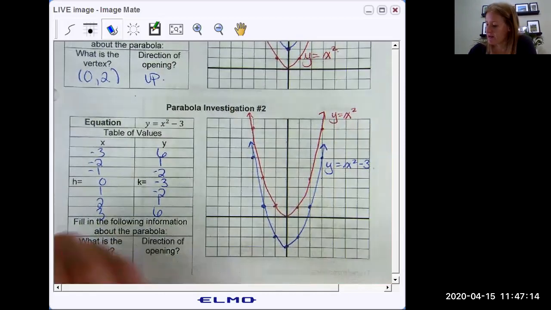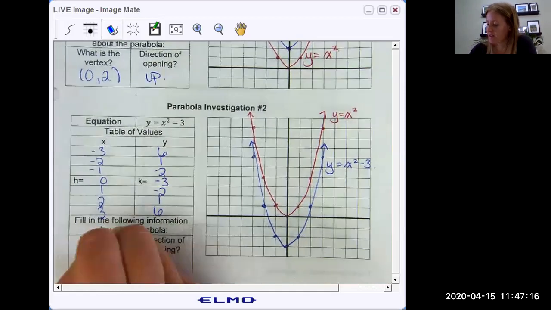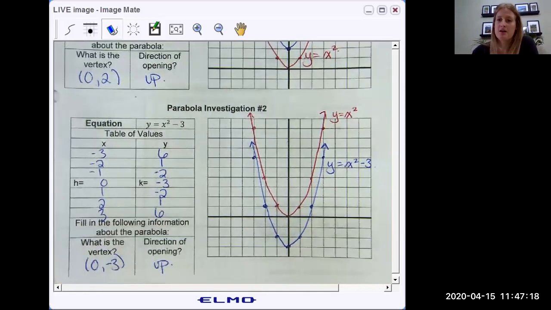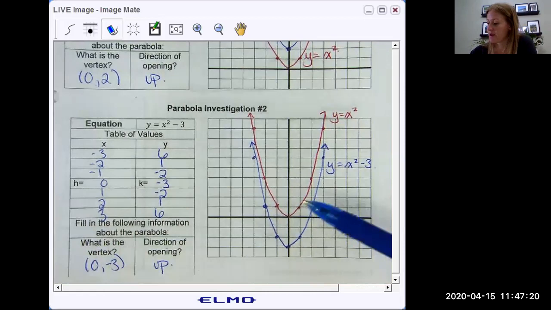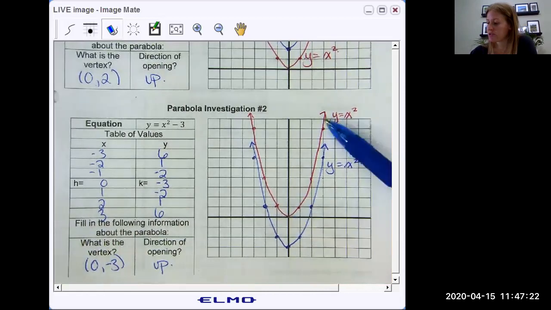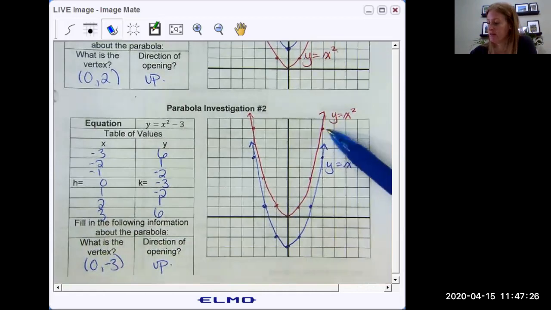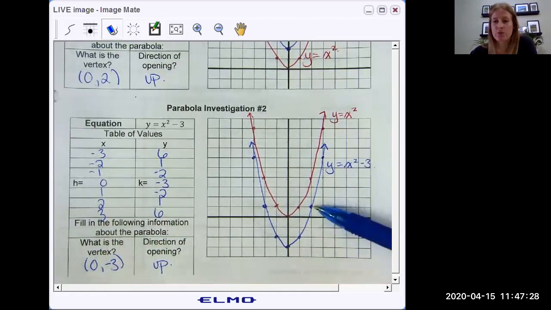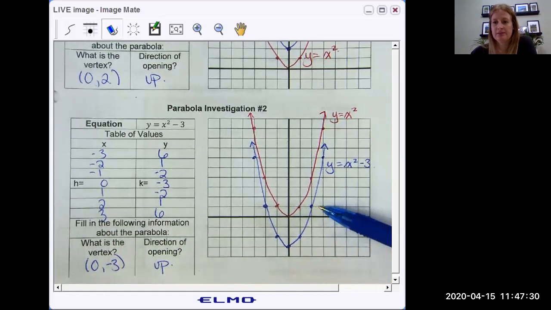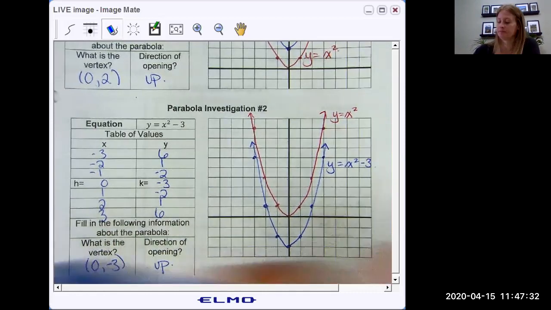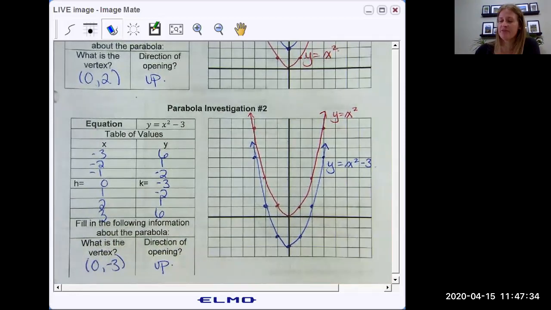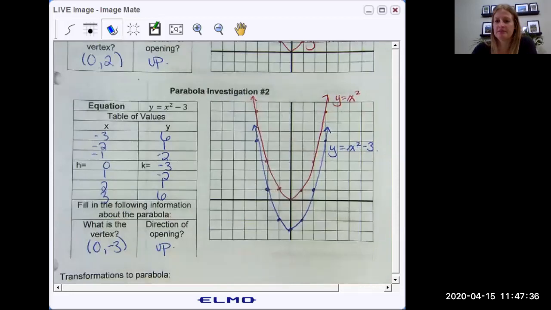Okay, so my vertex here is 0 and negative 3. It still opens up. In the chat, write a comment telling me what changed. Okay, what transformation happened to our base parabola to turn it into y equals x squared minus 3? What happened to every single point on that parabola?